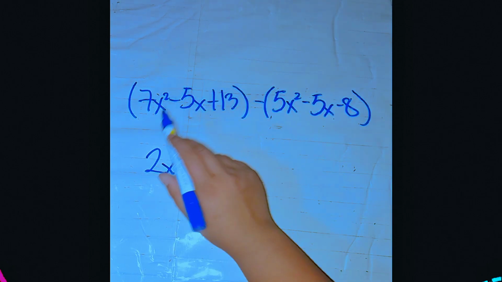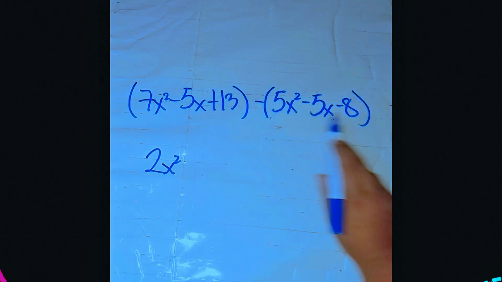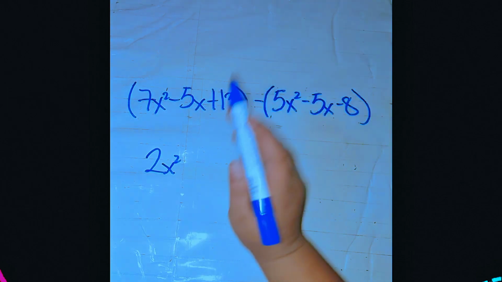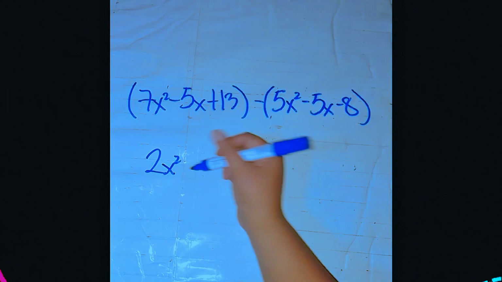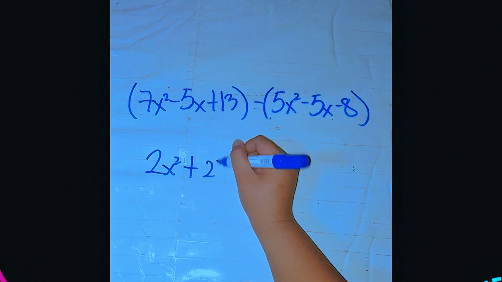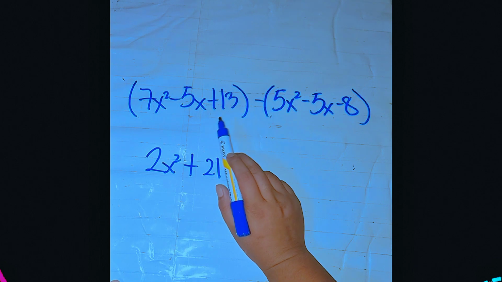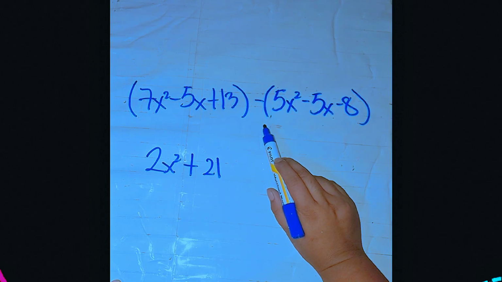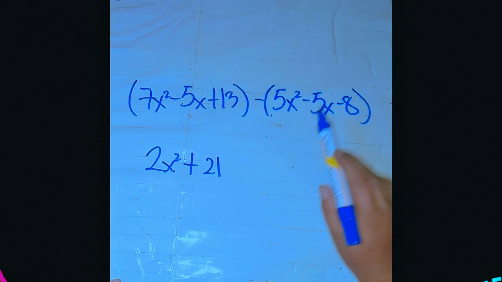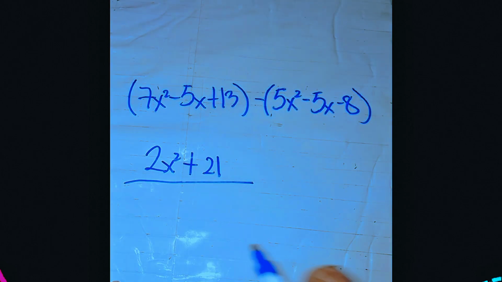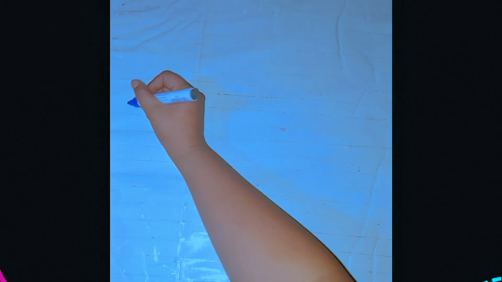So, let's move on to the next term, which is positive 13 minus negative 8. In this term, the negative 8 turns to positive. So, positive 8 plus positive 13 is equal to positive 21. And there you have it. 7x squared minus 5x plus 13 subtracted by 5x squared minus 5x minus 8 is equal to 2x squared plus 21.